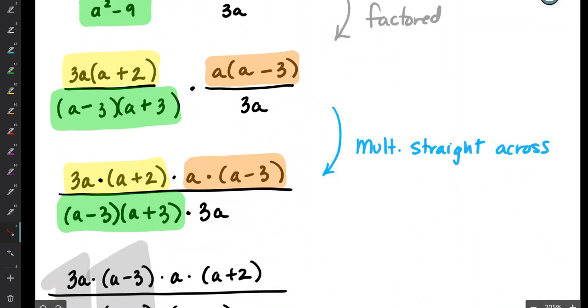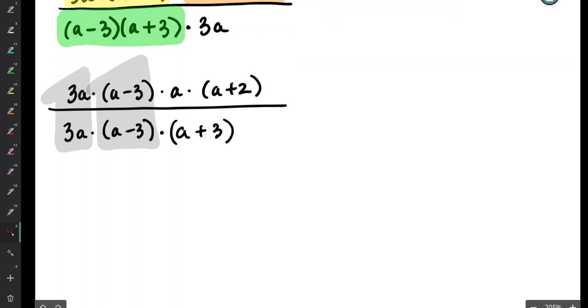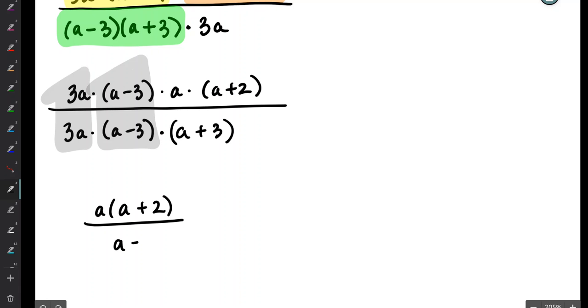It just looks a little bit more overwhelming because there's letters and more numbers there. And here I am, done. What's left in the numerator is a times a plus 2, and what's left in the denominator is a plus 3. Now the computer will accept this answer.